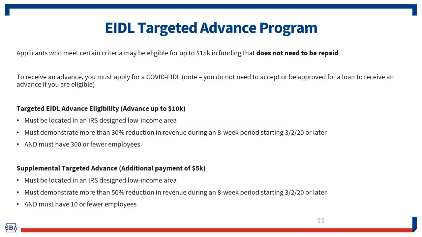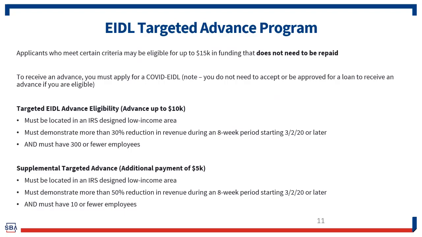For those of you that are new applicants to the EIDL program, if you meet certain criteria, you might be eligible for up to $15,000 in funding that does not need to be repaid. This is basically a kind of a grant, for lack of a better word. To be able to receive these advances, you do have to apply for the COVID EIDL.